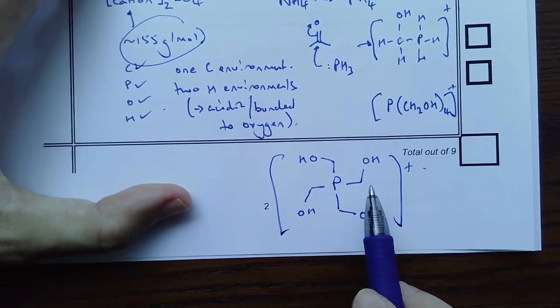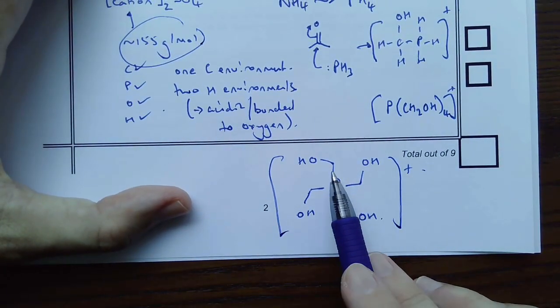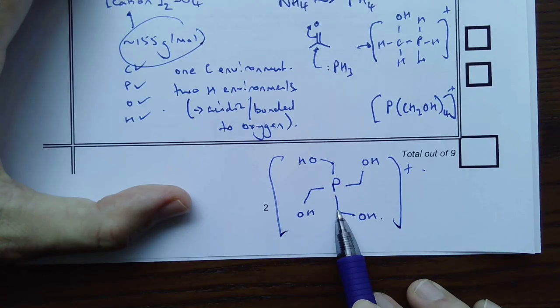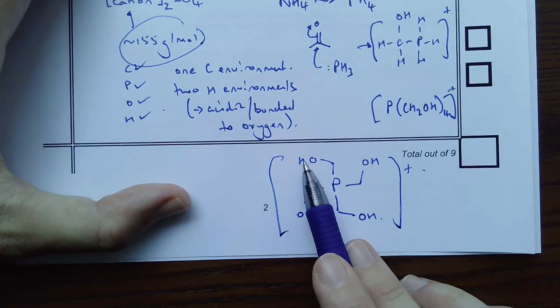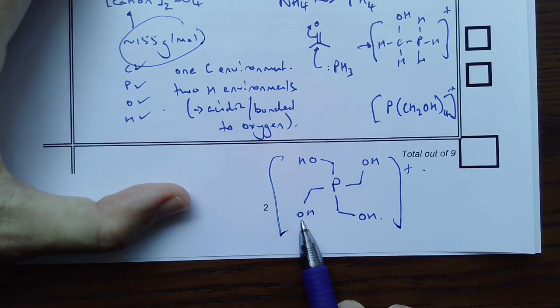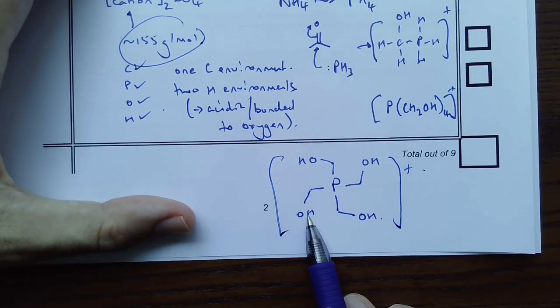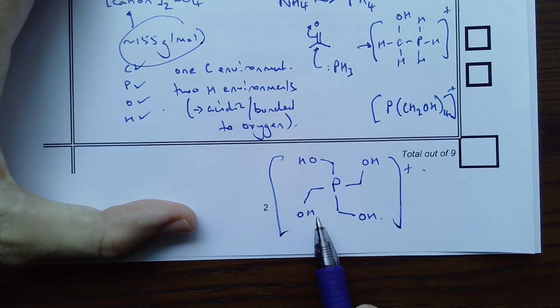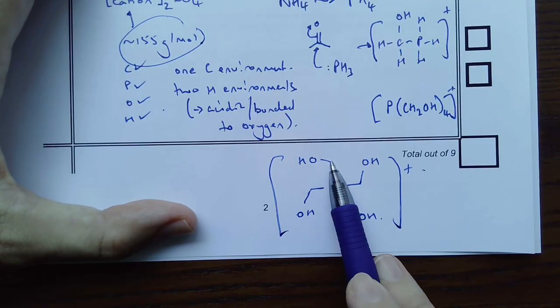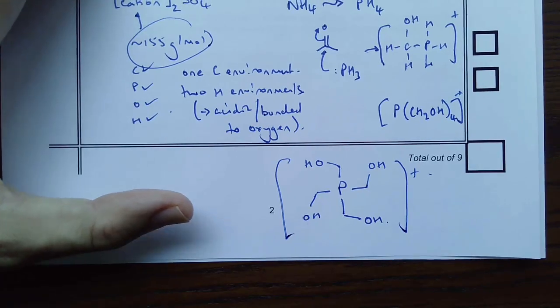Then you'll see that there's 2 hydrogens here, 2 hydrogens here, 2 hydrogens here, 2 hydrogens here, but those are all the same, so that's 1 proton signal. And then I've got 1, 2, 3, 4, those are all the same, that's the second proton signal, and that's the acidic one. And then the 4 carbons are all the same.